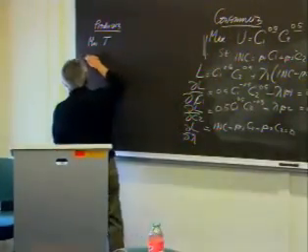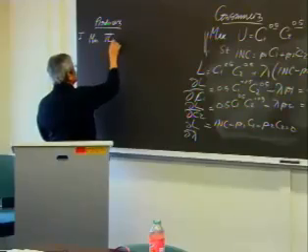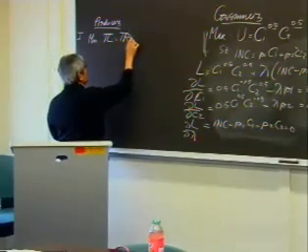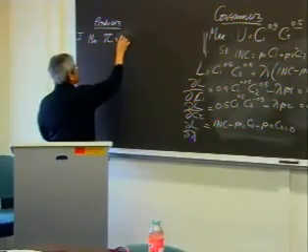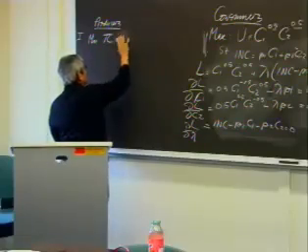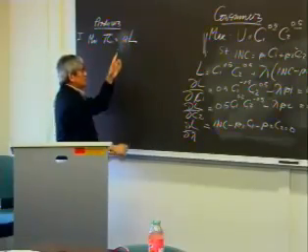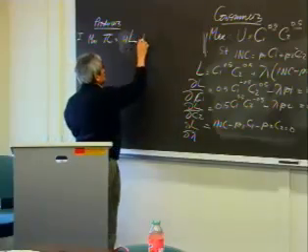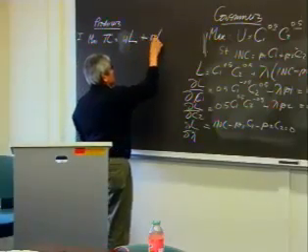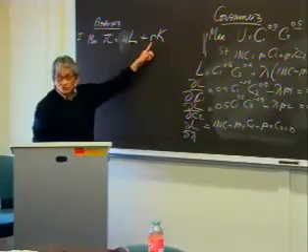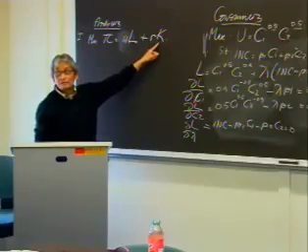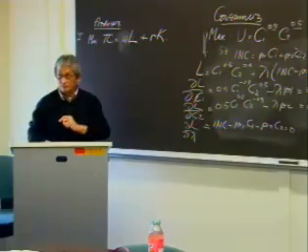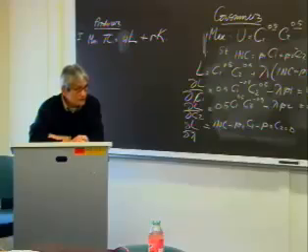And as I said, the first one is minimize the total cost, which is WL, okay, W is the wage rate, L is the labor, plus R is the return on capital, and K is the capital. This is what I want to minimize. Is that clear?